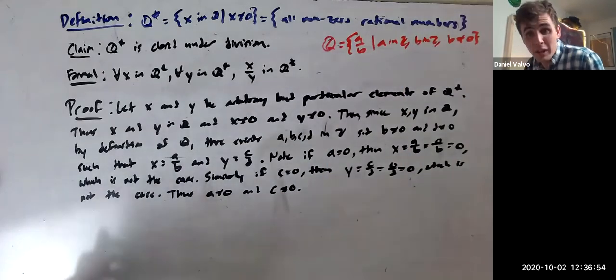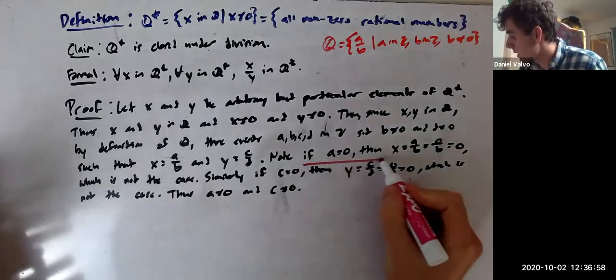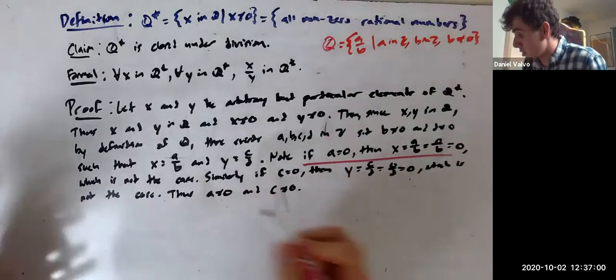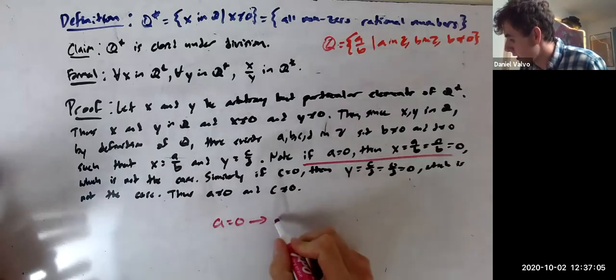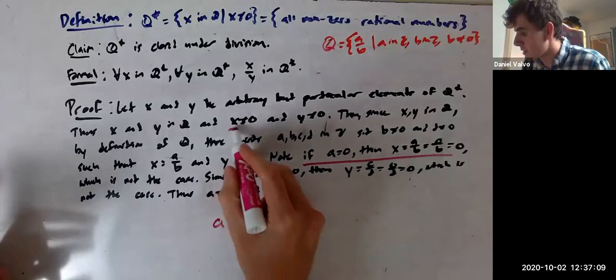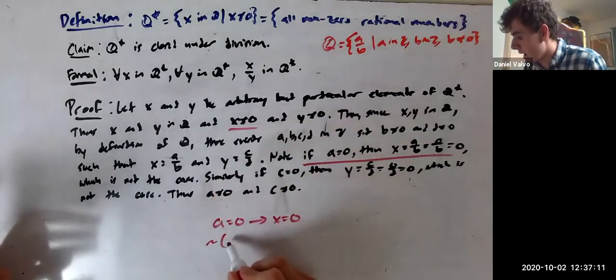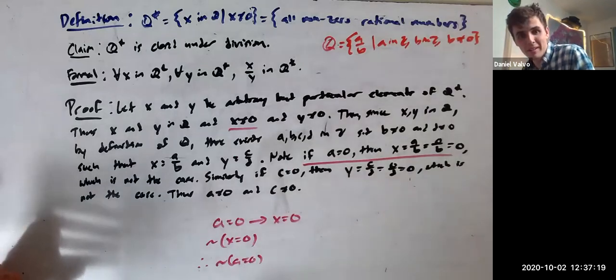And this is exactly what modus tollens or contradiction is. This statement says that A equals 0 implies X equals 0. But we know from this statement, not X equals 0. Therefore, not A equals 0.